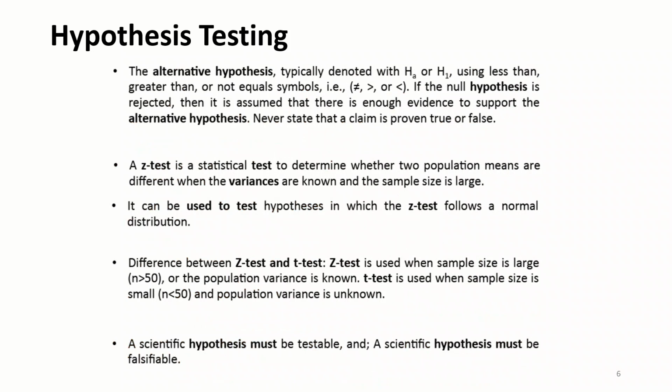The alternative hypothesis is typically denoted with these symbols, using less than, greater than or not equal symbols. If the null hypothesis is rejected, then it is assumed that there is enough evidence to support the alternative hypothesis.